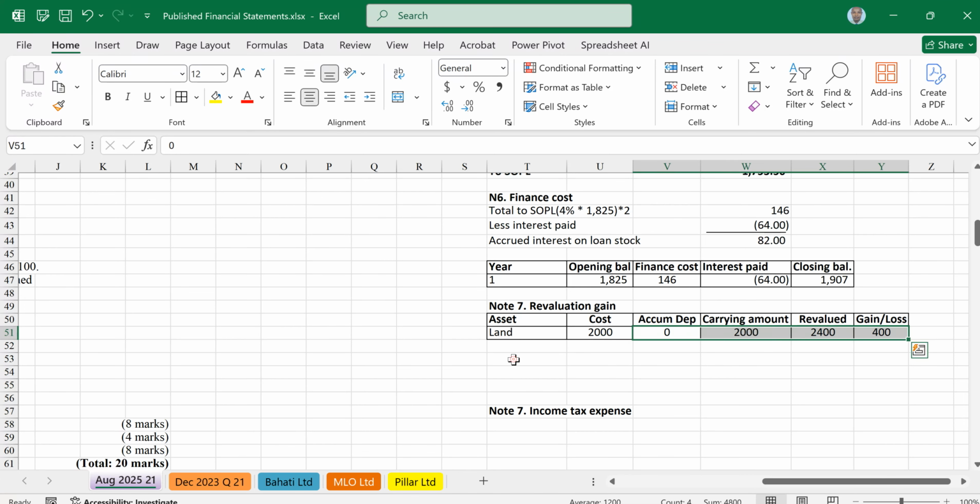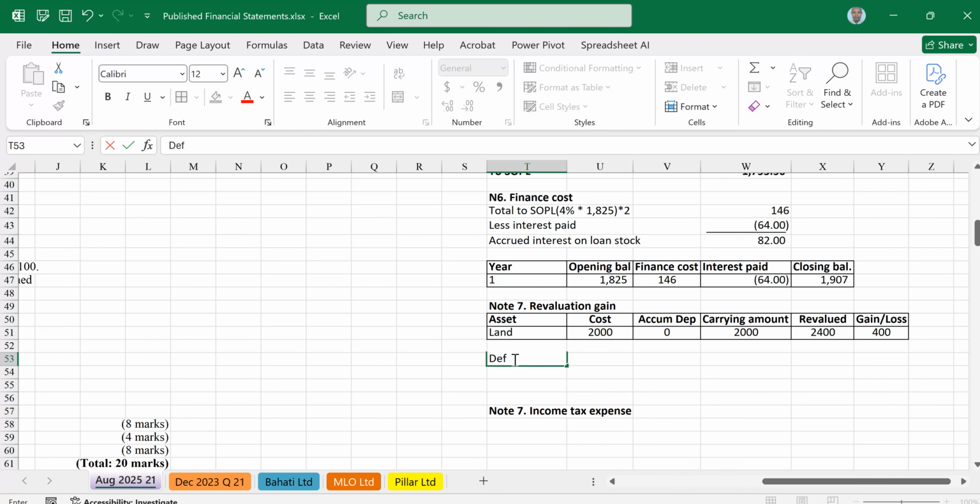Now, what is deferred tax relating to that? Deferred tax relating to the revaluation gain is usually 30%, unless another percentage is going to be used.